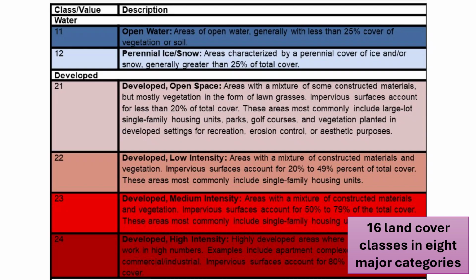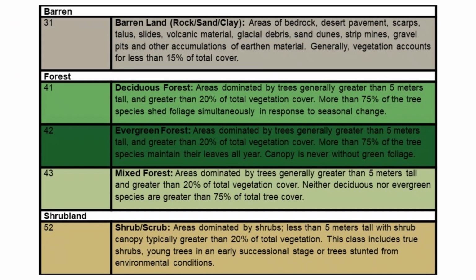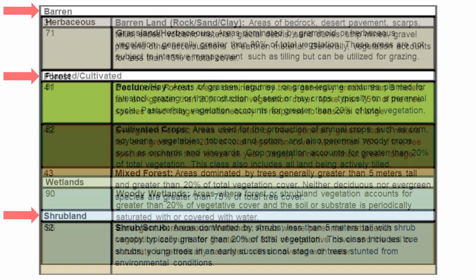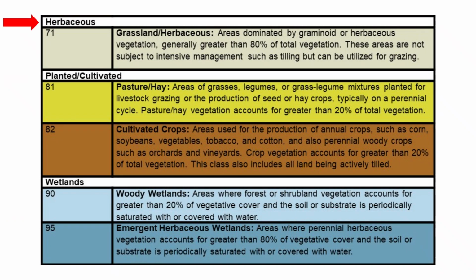The 16 land cover classes fall into 8 major categories for water, developed lands, barren land, forest, and shrubland, and herbaceous, planted and cultivated, and wetlands.